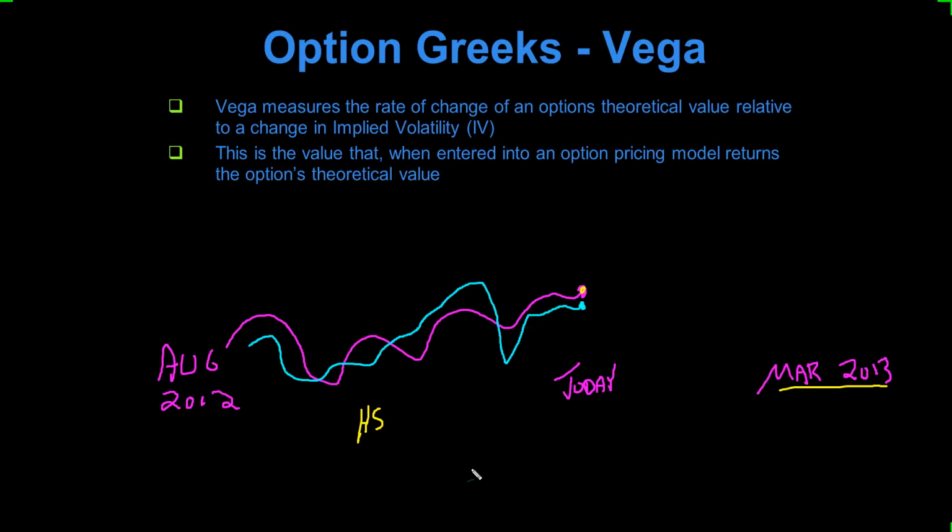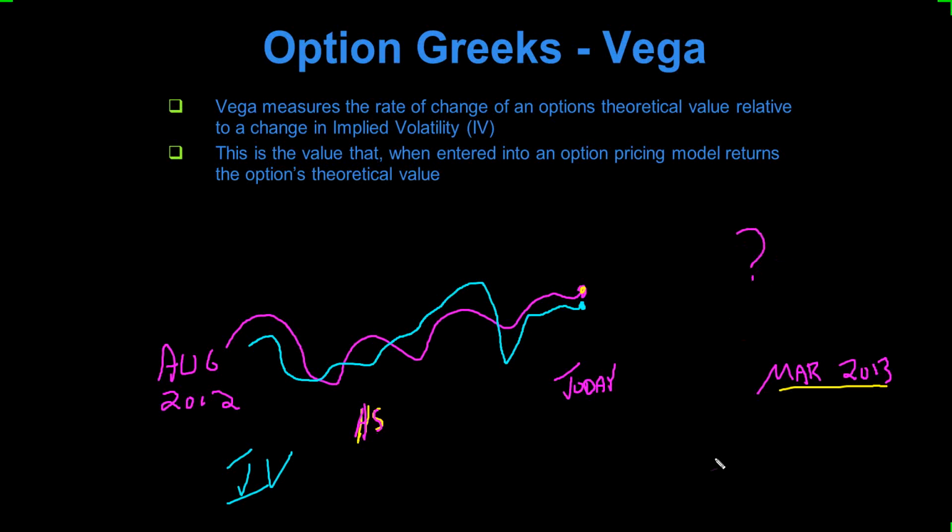So we've got something that looks like this for IV. Implied volatility is that color right there, and historical volatility is this color right here. We do know for a fact what historical volatility is, and we do know for a fact whether implied volatility was higher or lower than historical volatility. What we don't know is what's going to happen out here.